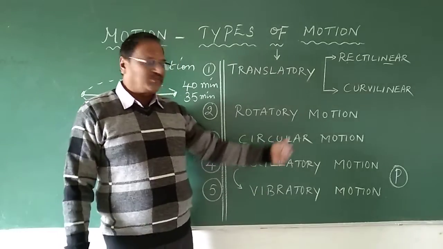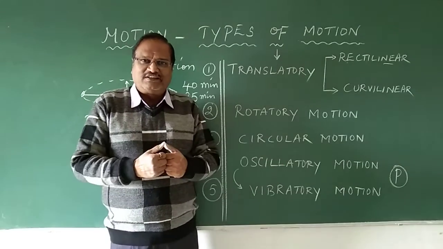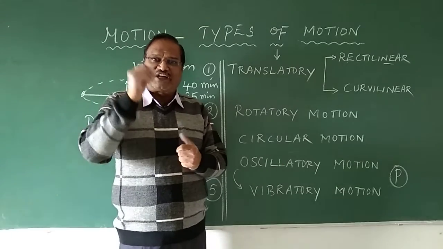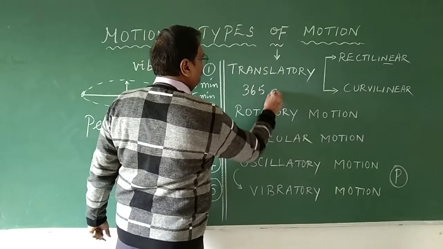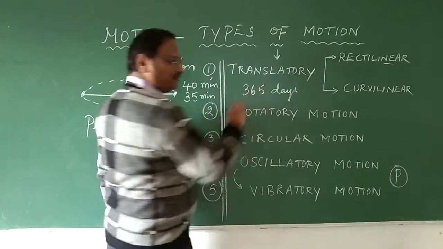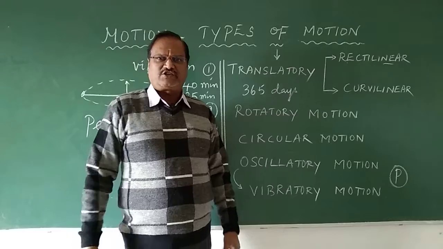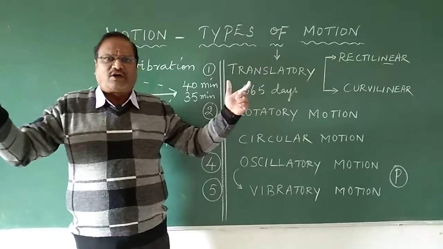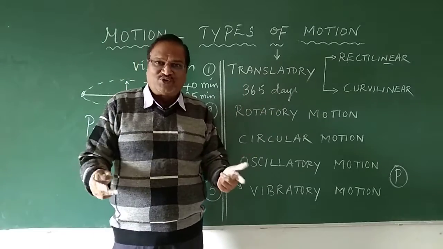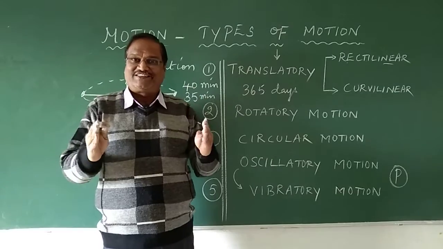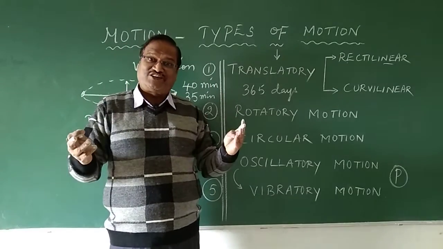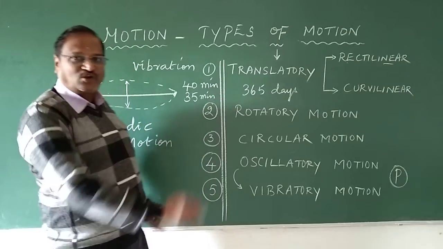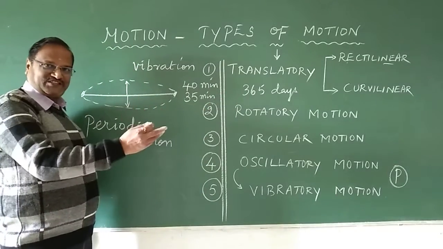And look at circular motion. For example, the earth is revolving around the sun every 365 days, right? Regularly 365 days. It is not 370 days sometimes or 345 days sometimes. No. 365 days in a regular pattern, regular time, and that is why it is also periodic motion.